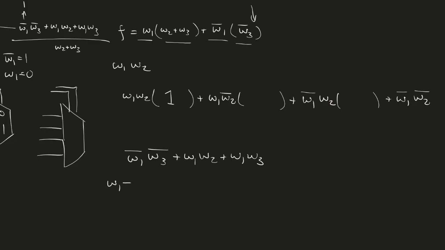So W1 is 1 and W1 naught is 0. W2 naught is 1 and W2 is 0. So this is gone. This is gone. So it's just W3. Now, next one.